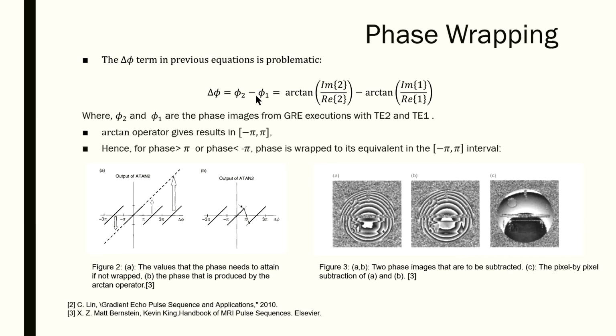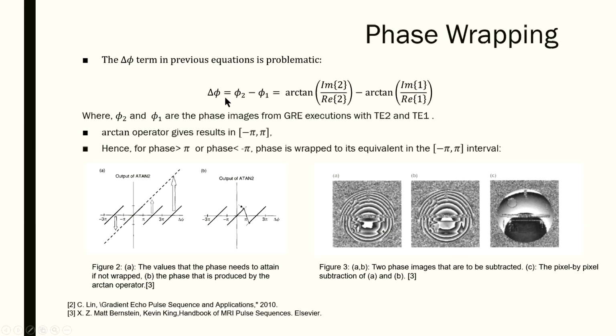In the case of B0 mapping, there's a common problem called the phase wrapping problem. The phase wrapping problem occurs because of the term delta phi in the previous equations. Delta phi is found by this formula with the arctangent operator.